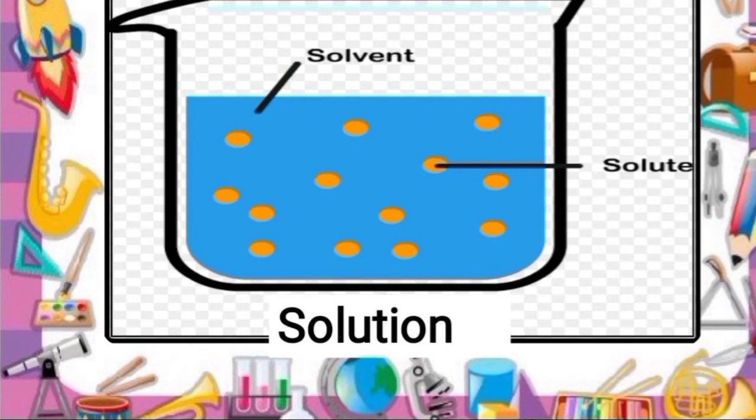So in a solution, the substance which gets dissolved is solute, whereas solvent is the substance in which the solute will dissolve. There are many products in day-to-day life prepared by the mixture of one or many solutes and solvent, which forms a solution. These products are medicine, soap, tea, coffee, lime juice, etc.